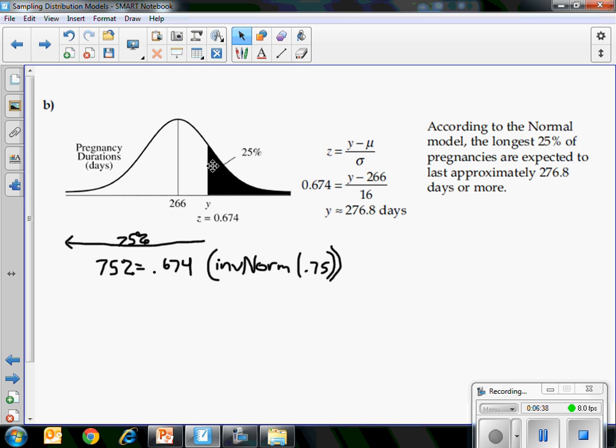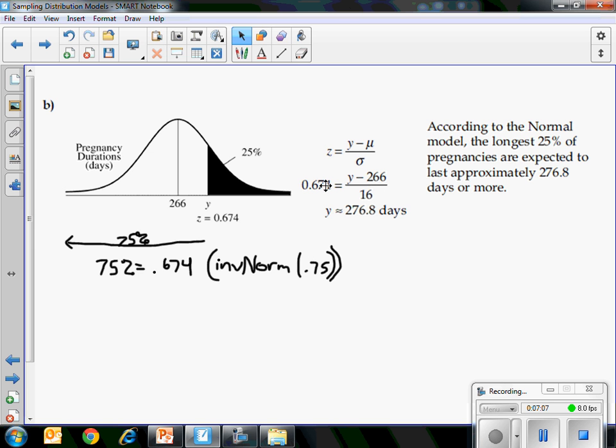Since this is greater than, and we had a lot of discussion about this the first day back, here's my greater than. That means this right here is 75%. And this is what we look at. Or you can look at the complement of 25 if you think about it that way. And then for 75%, using my calculator, I got 0.674 for my z-score.